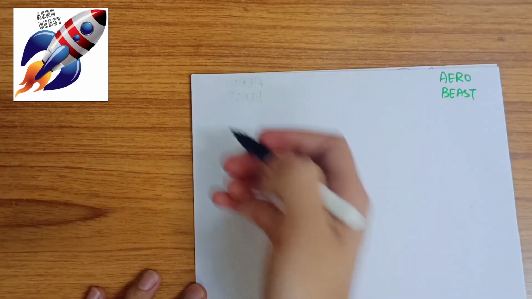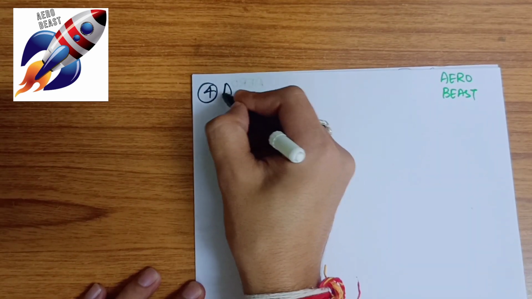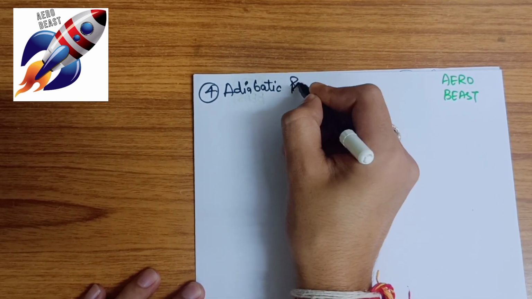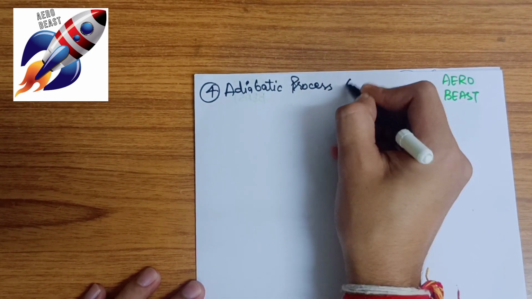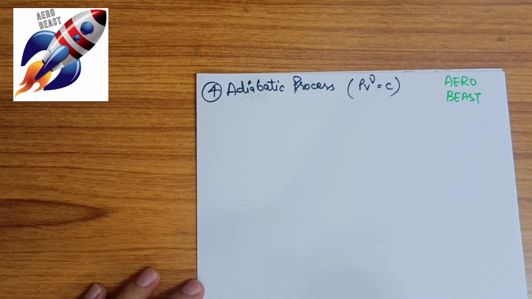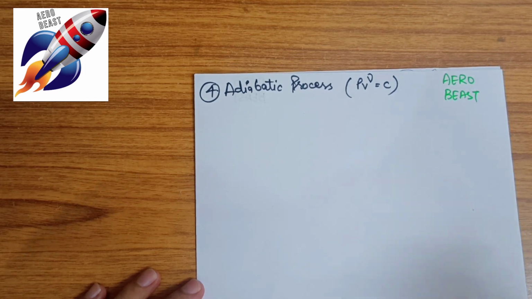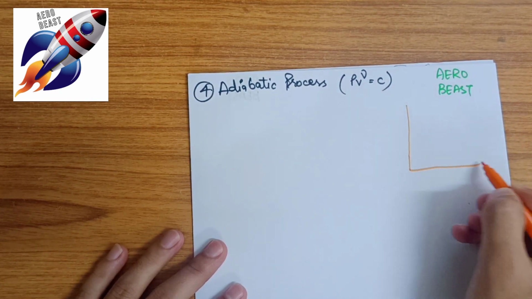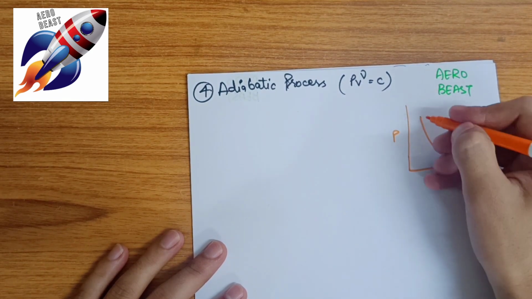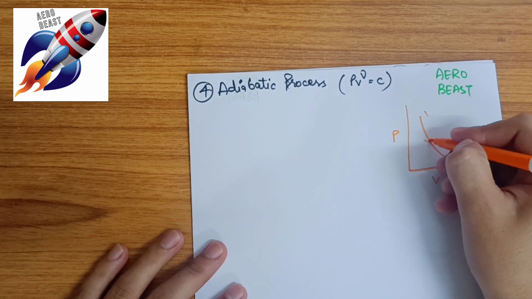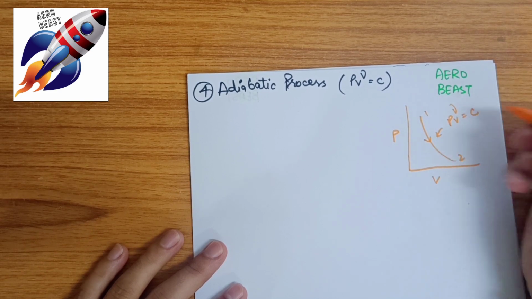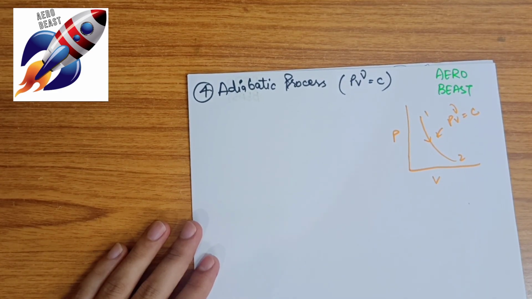The fourth one is the adiabatic process. Here PV to the power gamma is equal to constant. Going with the graph, it is like that: pressure, volume, graph from 1 to 2. Here PV^γ is equal to constant.